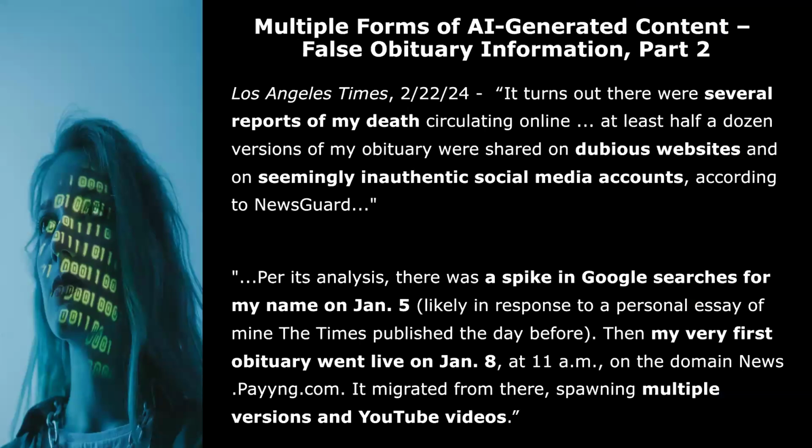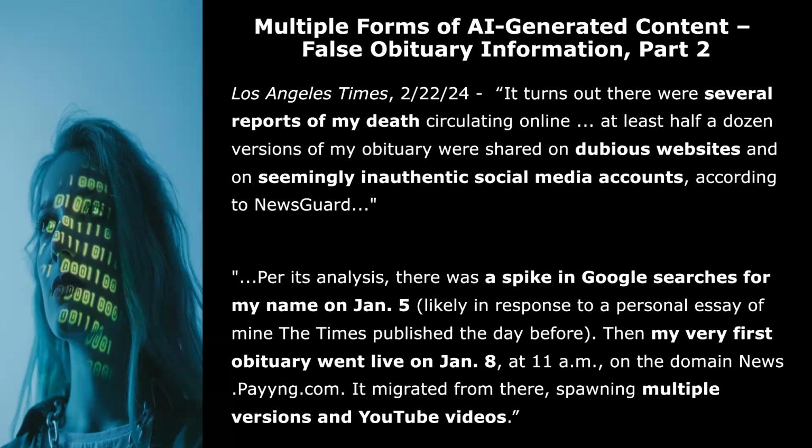This flood of obituary-related misinformation can occur even when the individual in question is still alive, as reporter Deborah Vankin learned when her own death unexpectedly started trending. In a February 22, 2024 article for the Los Angeles Times, Vankin recounted that, quote, it turns out there were several reports of my death circulating online. At least half a dozen versions of my obituary were shared on dubious websites and on seemingly inauthentic social media accounts, according to NewsGuard.